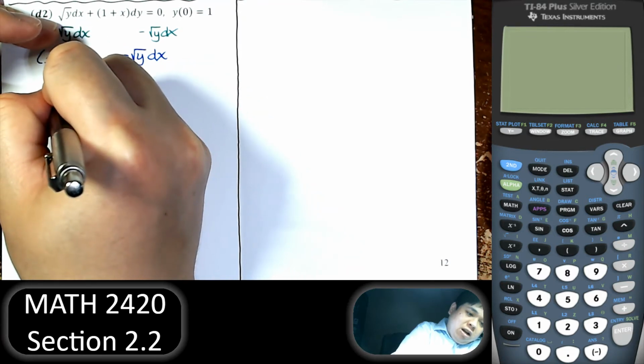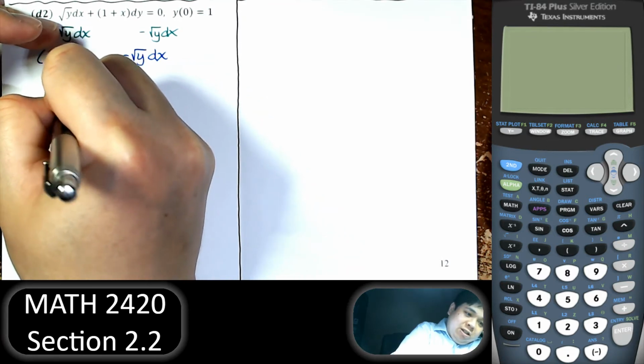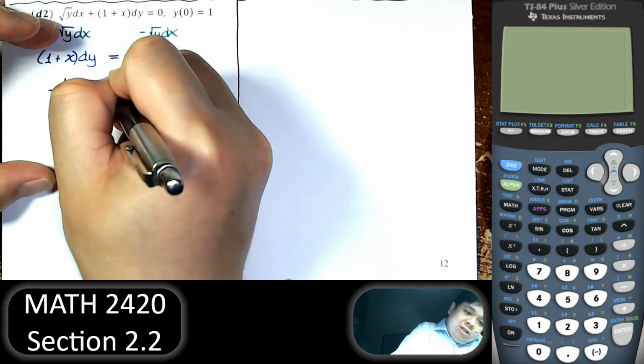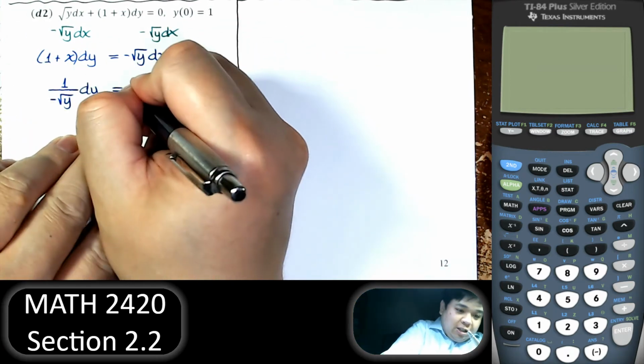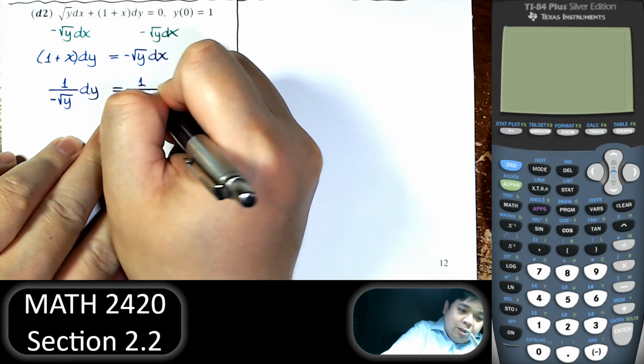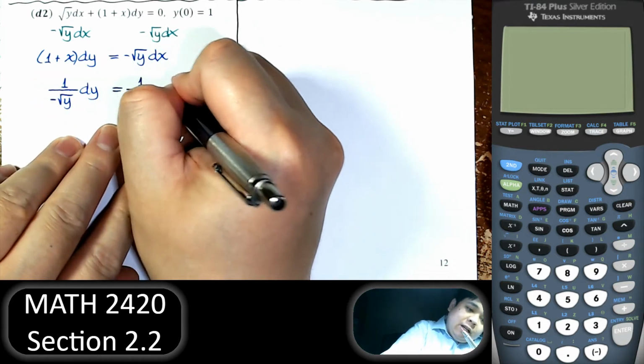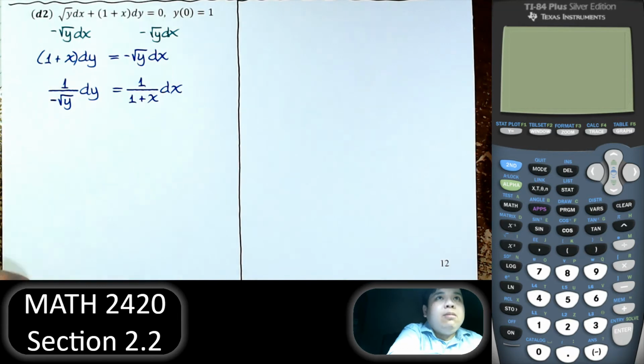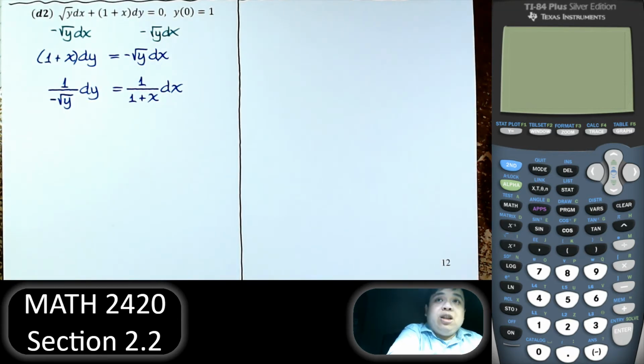Just keep a minus at the bottom. Doesn't matter. And 1 plus x dx. Right, simple enough. Now just integrate.